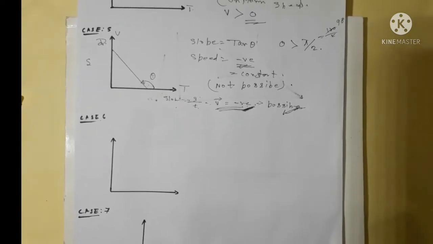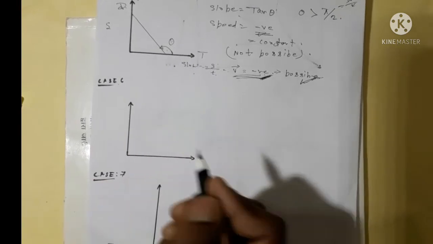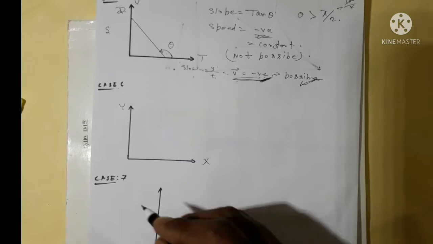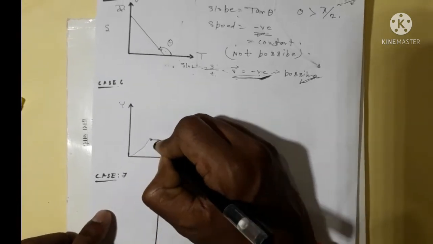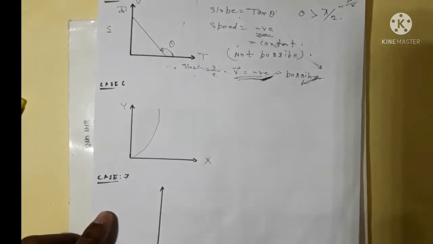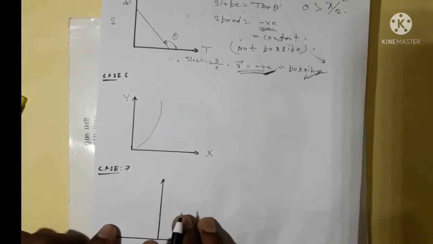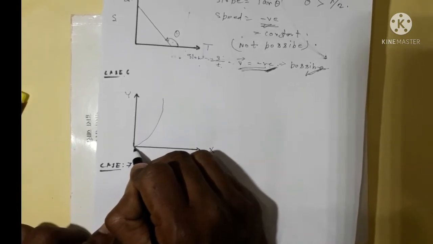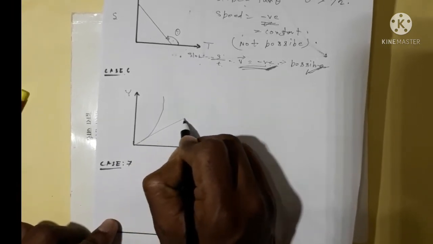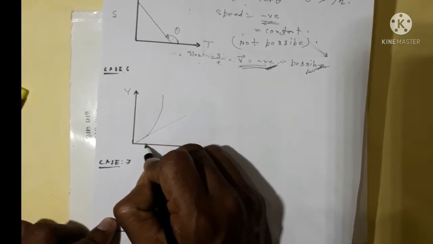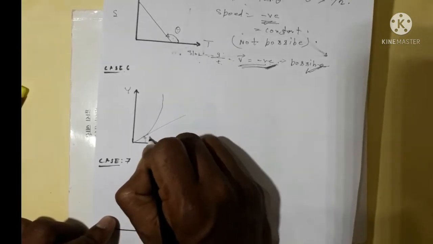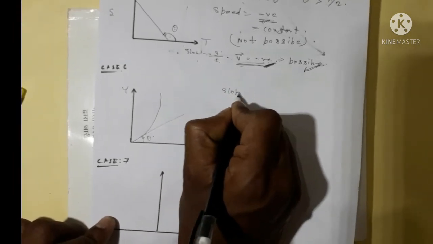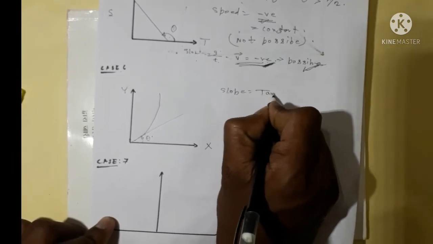Now case 6. This is the y-axis and this is the x-axis. If the slope is non-linear in nature, then theta can be found from the outermost part of the curve. We draw a perpendicular which touches the outer part, and theta can be taken in the positive direction. So slope is equal to tan theta.